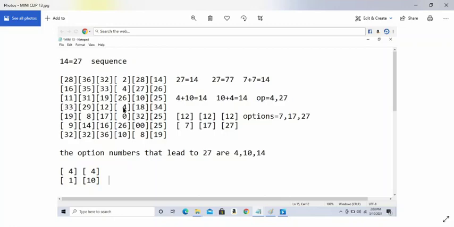The options on this square right here are either a 4 or a 27. If you play those two options, you landed on 4. So now 27 is equal to 14. That's great.